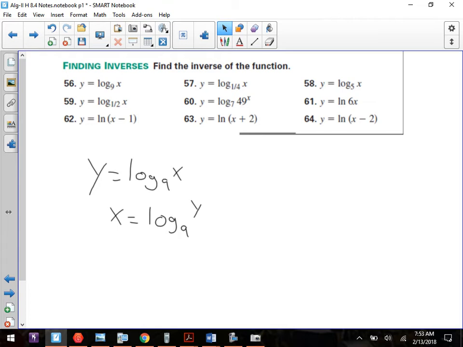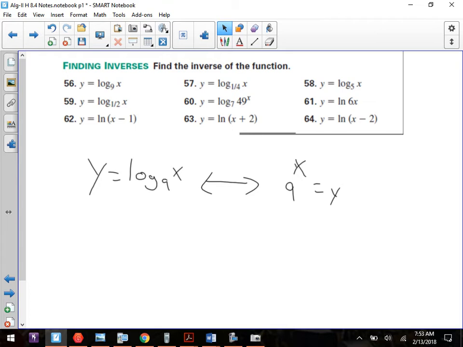But you know how to solve that. The inverse of a log is exponential. They're inverses of one another.